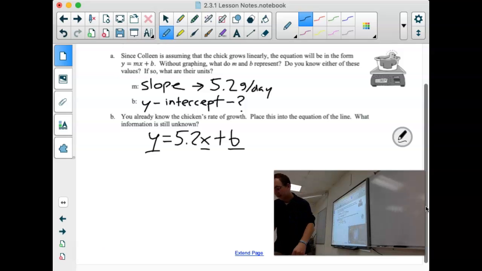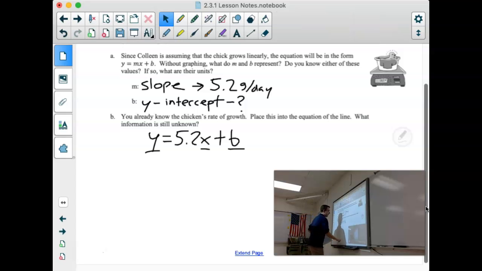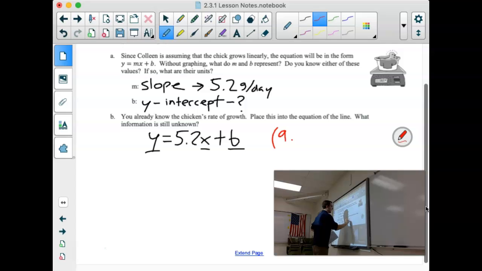If we think back again, we know that on day 9, given in our directions, our weight is 98.4, and our x is 9 because it's day number 9. So if we plug in a point, for example, 9 and 98.4, this is our x value, this is our y value.